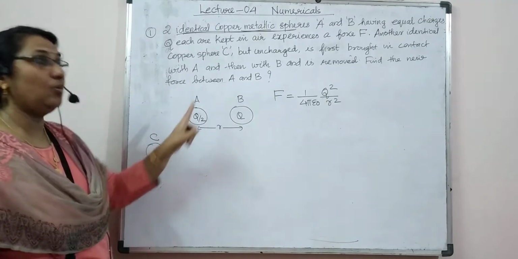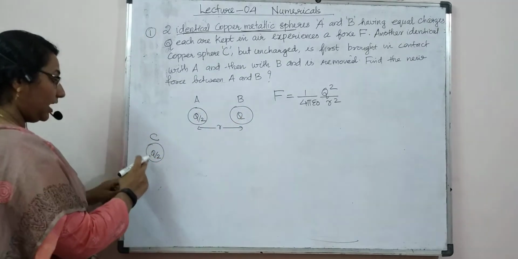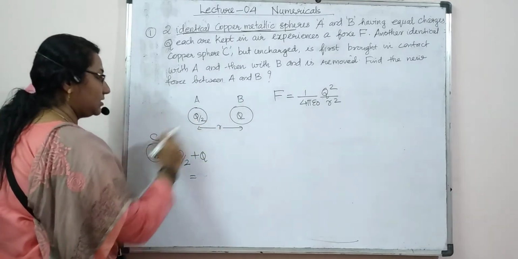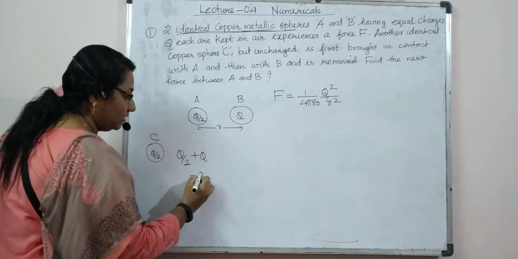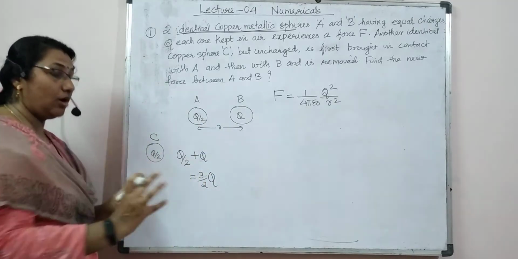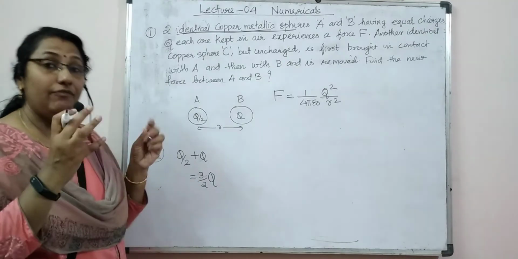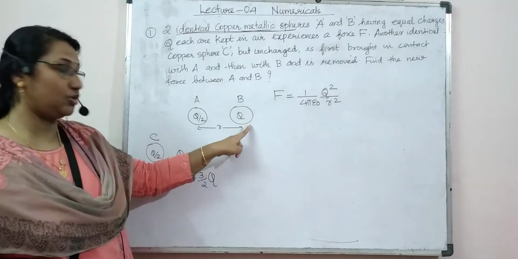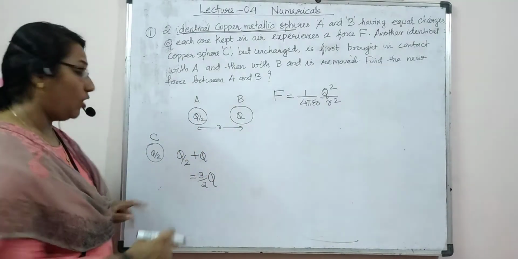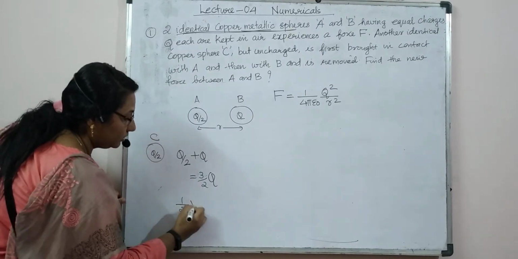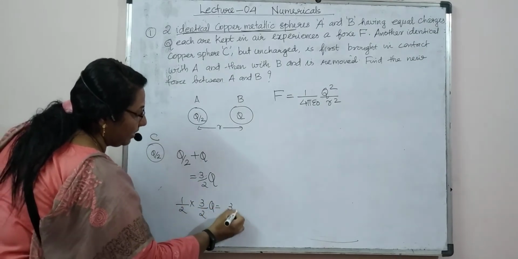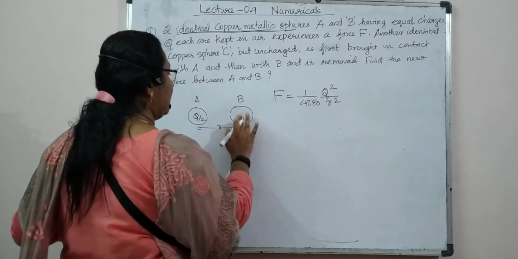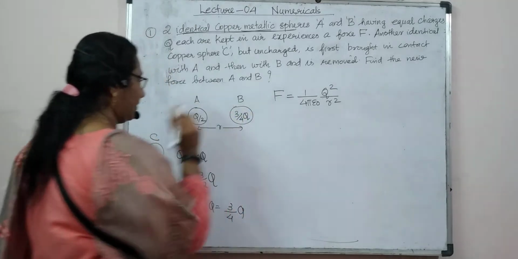The same C is now kept in contact with B. Now C has Q by 2 charge and B has Q. So the total charge in the system B and C is 1 by 2 plus 1, that is 3 by 2 Q. When they come in contact, this is equally shared, half to B and half to C. Half of 3 by 2 Q means 3 by 4 Q. That means now C contains 3 by 4 Q and B also contains 3 by 4 Q. Is it clear?